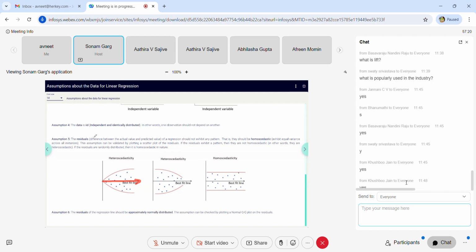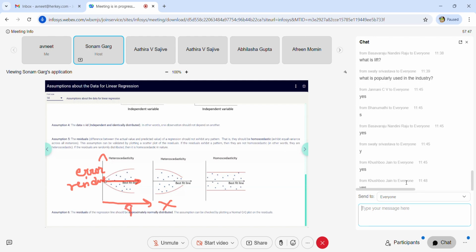So this is a residue plot where we have plotted errors with respect to the y hat value, the fitted value. This is the error, that is residue, on your y-axis versus your x-axis, the fitted values of y, the predicted values of y.